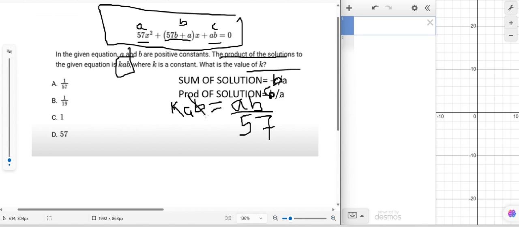So they both get crossed, and the value of k for this question is 1 upon 57, which is our option A. This was another important question which involves the product and sum of solutions.